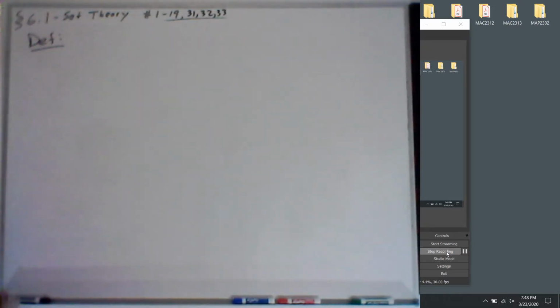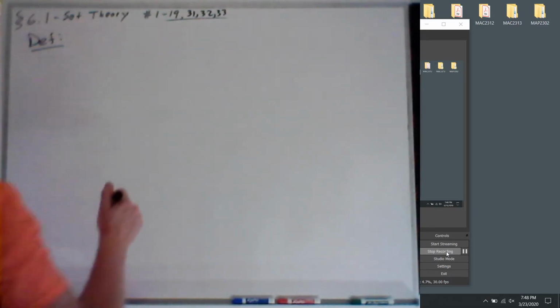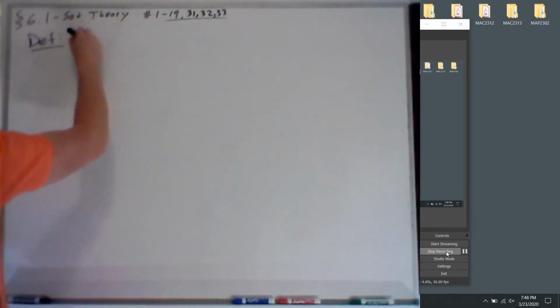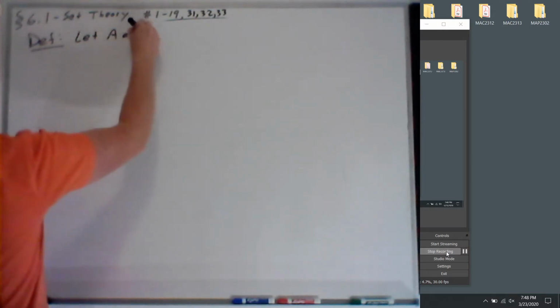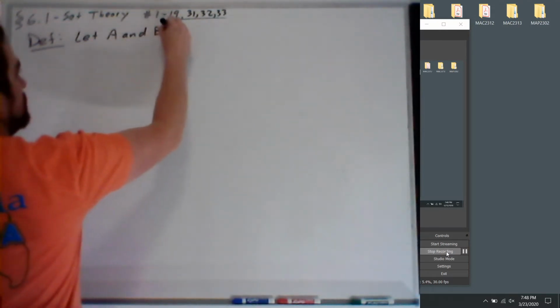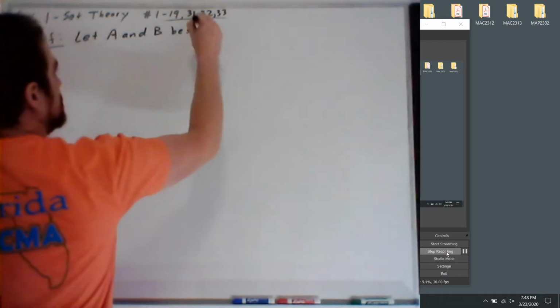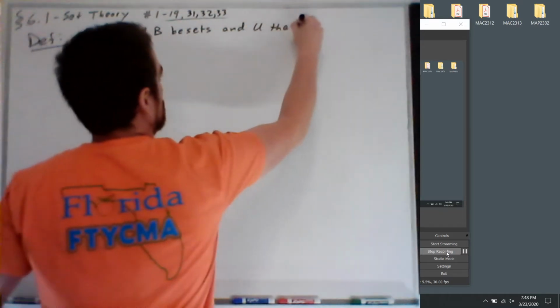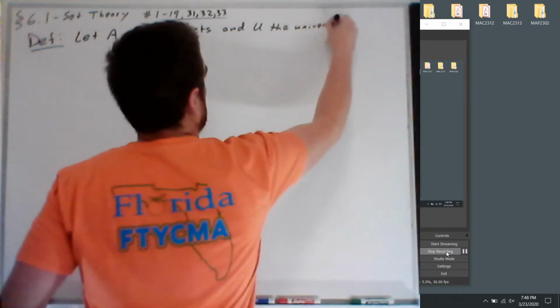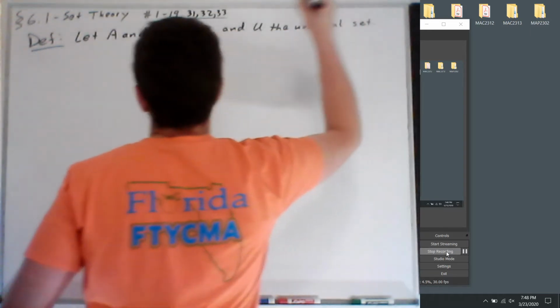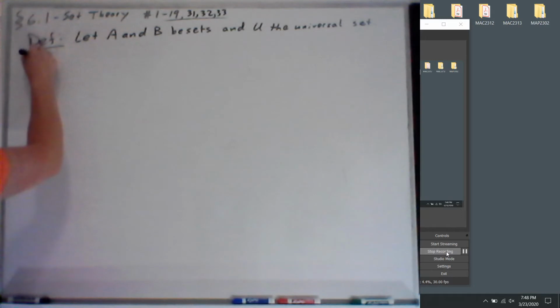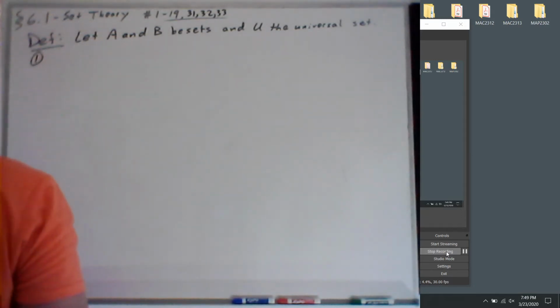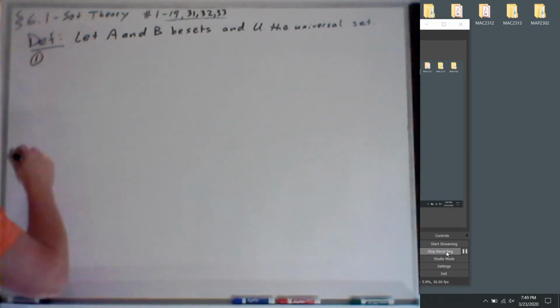So the first thing that we want to talk about is the union of two sets. So again, let A and B be sets, and U the universal set. I'll keep these numbered for you because I'm going to roll through four definitions here.